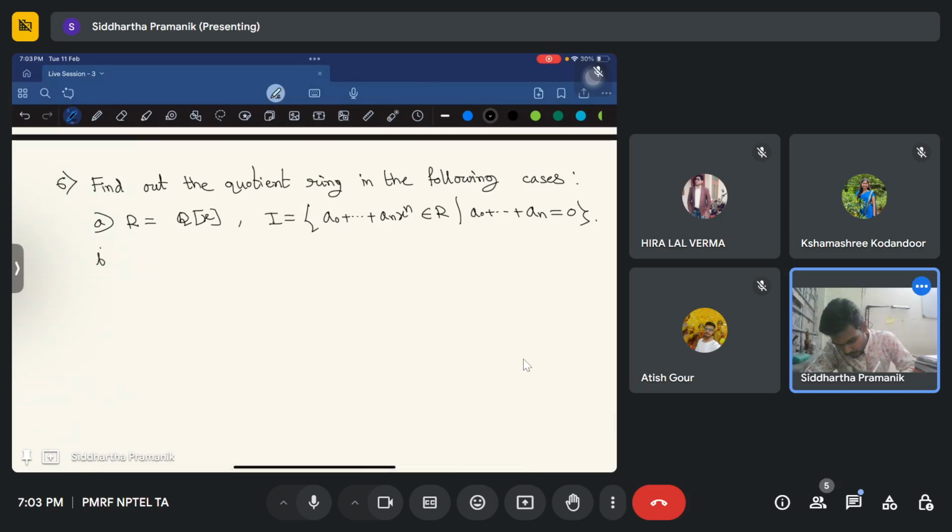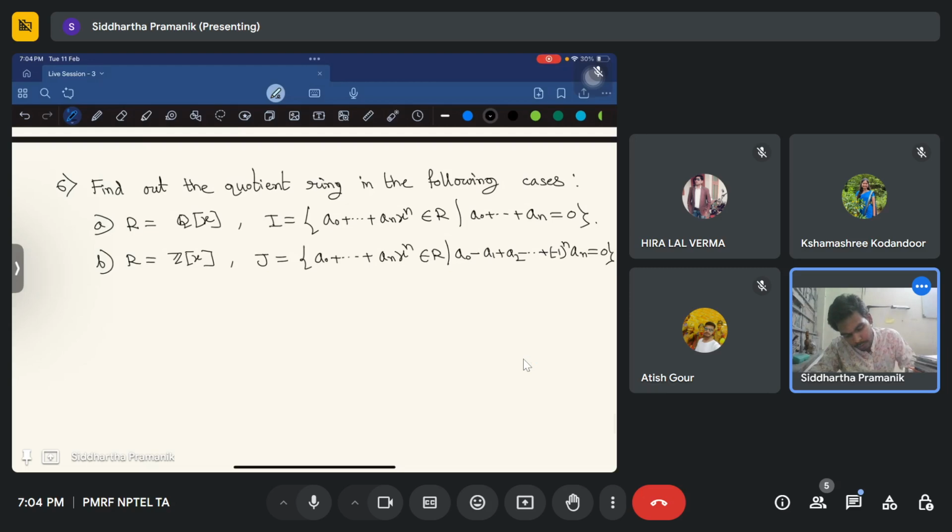And for the second one, you take the ring as Z[x] and take the ideal as all those polynomials in Z[x] such that this alternating sum a0 minus a1 plus a2 dot dot (-1)^n a_n is 0.